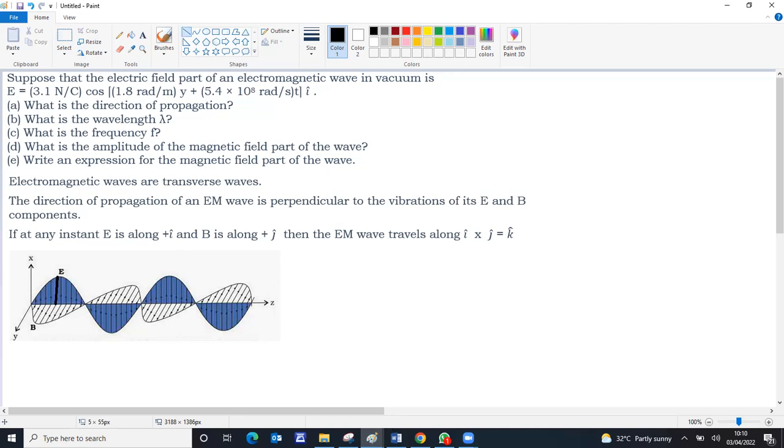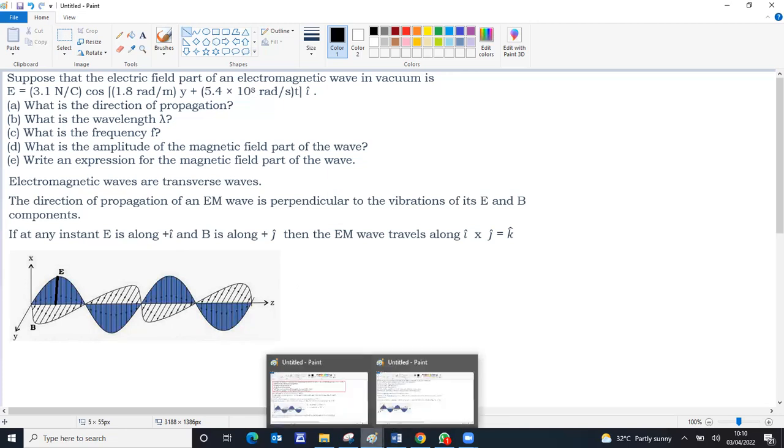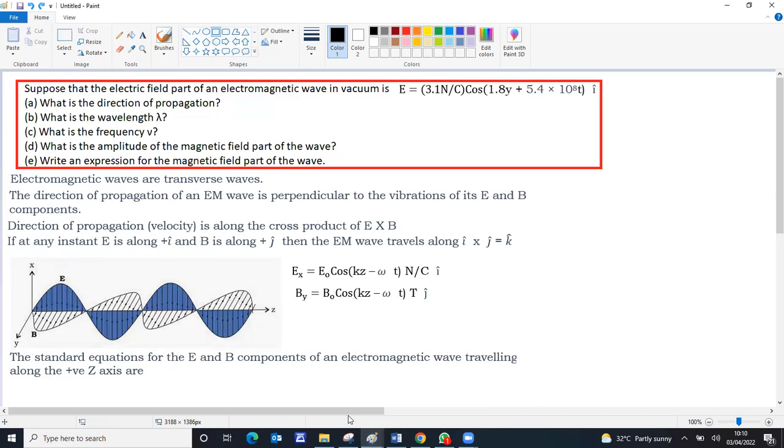Now, if we write the equation for the electric and magnetic field components of the wave, the standard equation for both, with the wave traveling along the positive z-axis, E component along the x direction, i cap, and B component along the y direction, j cap.